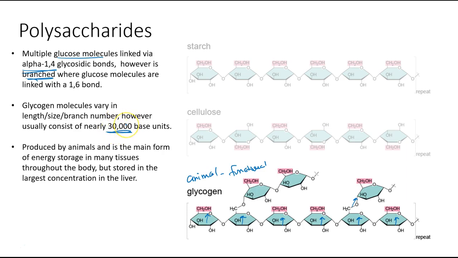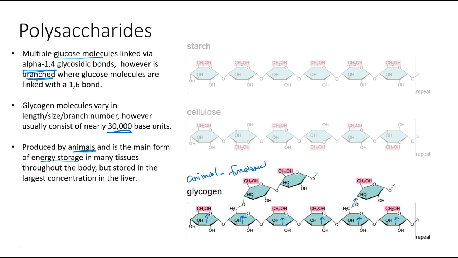Okay, 30,000 base units can typically be made into a single glycogen molecule, and these molecules are produced by animals and are the main form of short-term energy storage in a lot of the tissues throughout the body. But most of the glycogen that is stored within a human body or within a dog or within any organism is not necessarily in the tissue cells, which there is some.